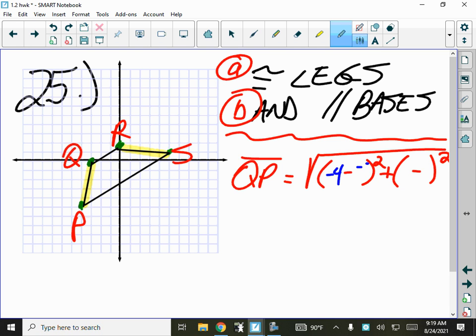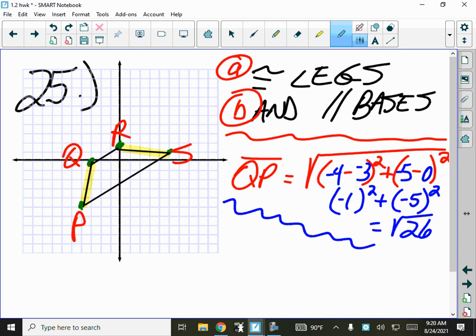And then it's going to be -5 minus 0. Okay, so that's going to be -4 plus 3, which is -1 squared. And this is going to be -5 squared. And so that's 1 plus 25, which is square root of 26. I don't care what that is. 5.1.